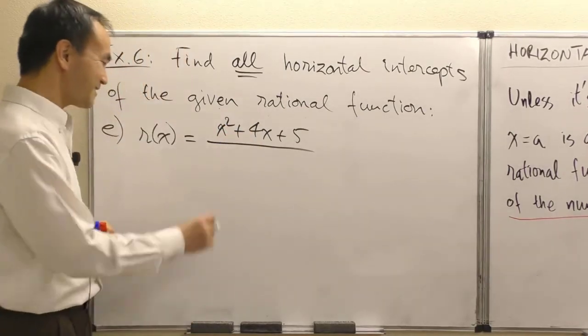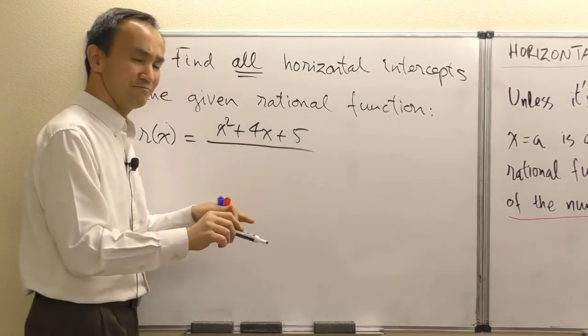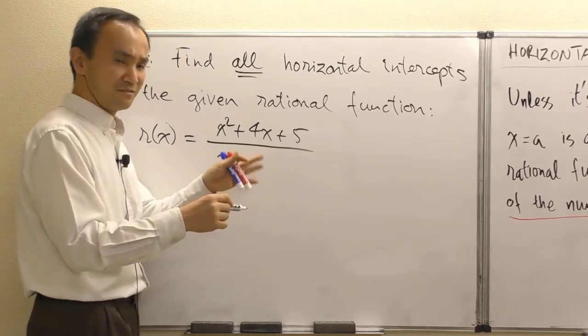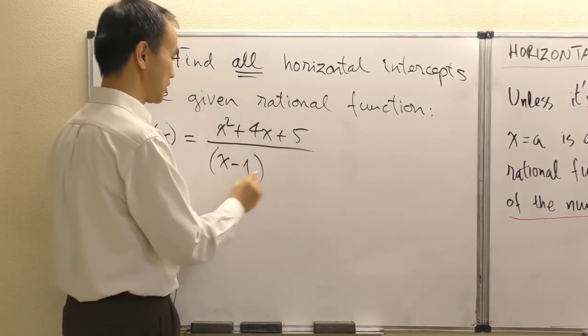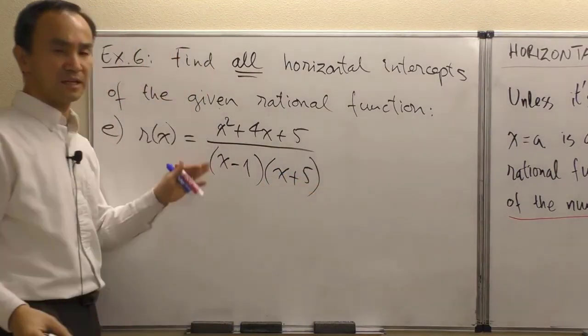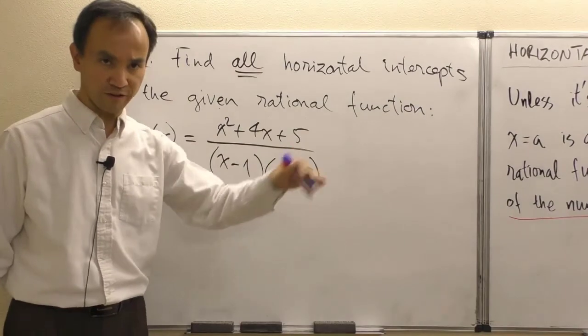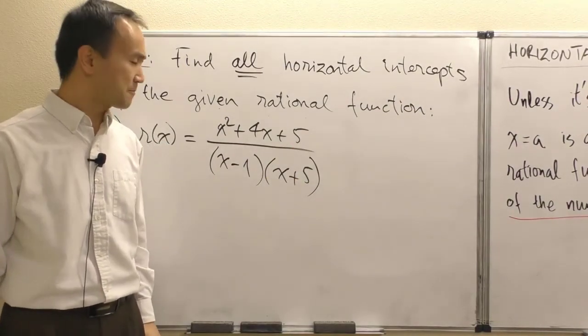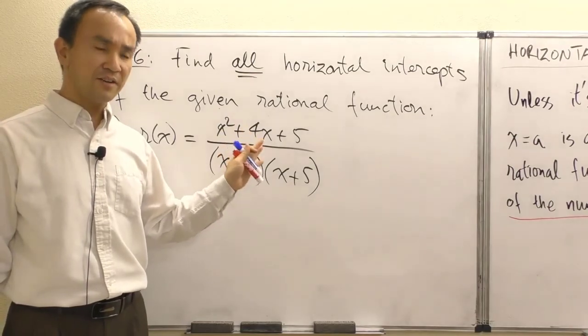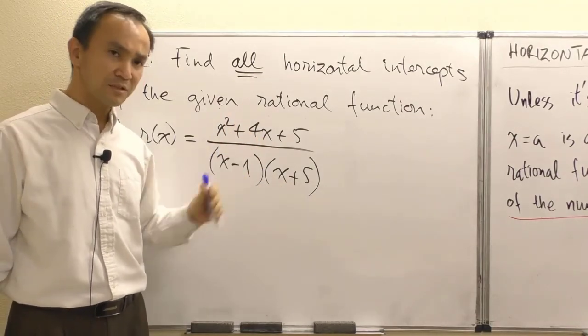Okay, the denominator, awkwardly enough, I'm giving that in factor form. x minus 1 times x plus 5. Okay, I came up with that on the go, randomly out of my own creativity. All right, so there we go. We have our rational expression.